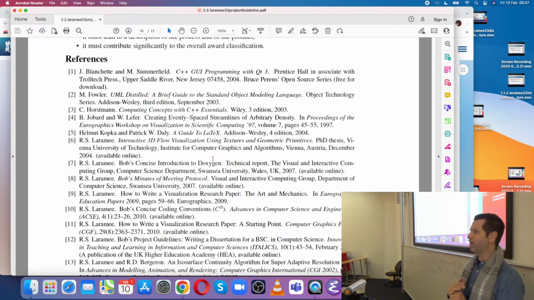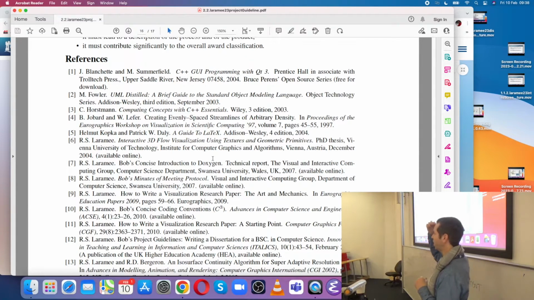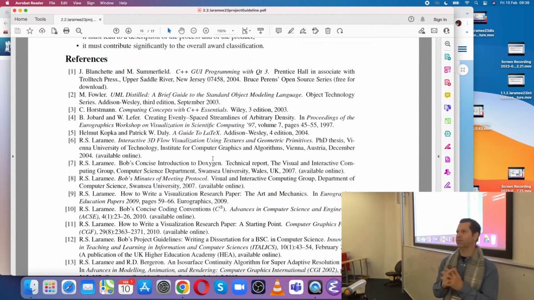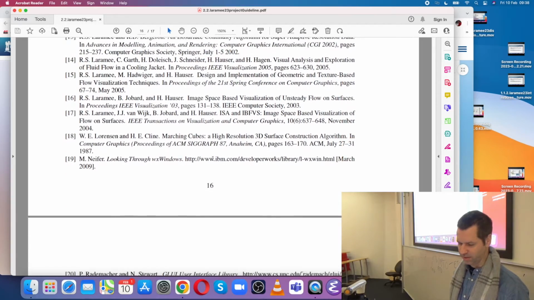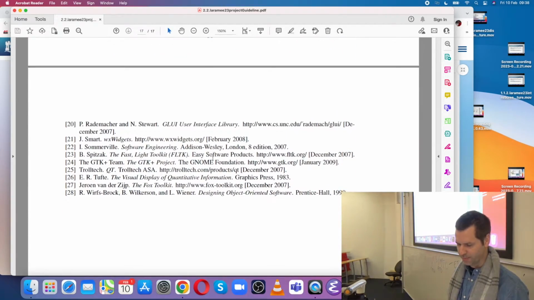When it comes time to write the related work section of your dissertation and you feel completely lost, you can say, oh, I'm just going to look at Bob's project guidelines and maybe that's going to help me write this section. Right? That's the idea. And those are some references, example references.